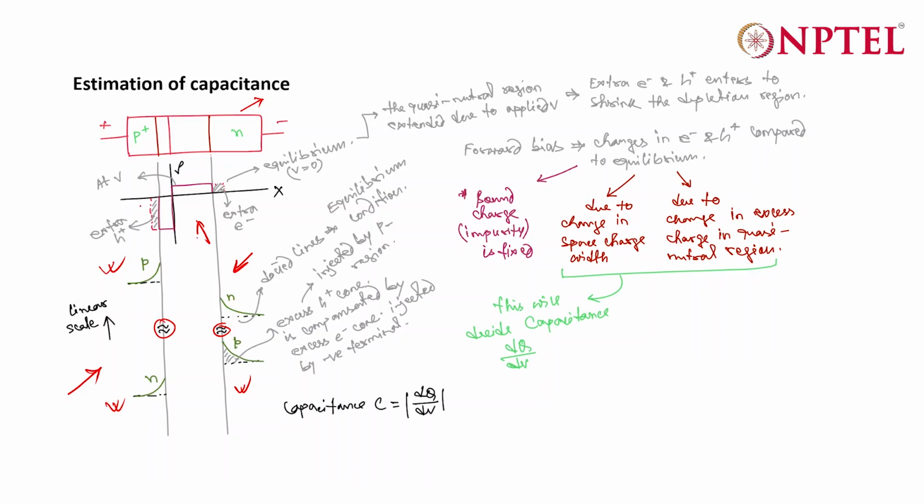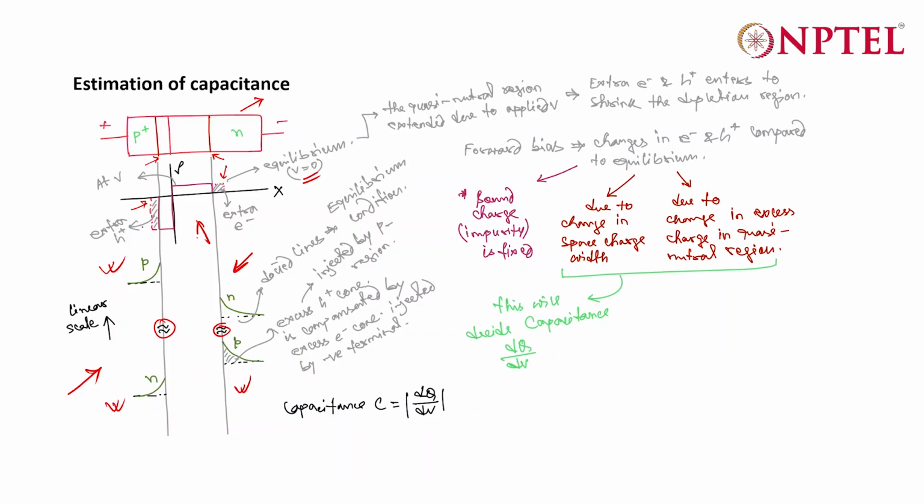So this dotted line that you see here is for V equal to 0, that is equilibrium condition. Now the moment you apply voltage, it will shrink till this point, right? And why is it shrinking? Because there are extra charges coming into the quasi-neutral region, and that is actually reducing the depletion region.